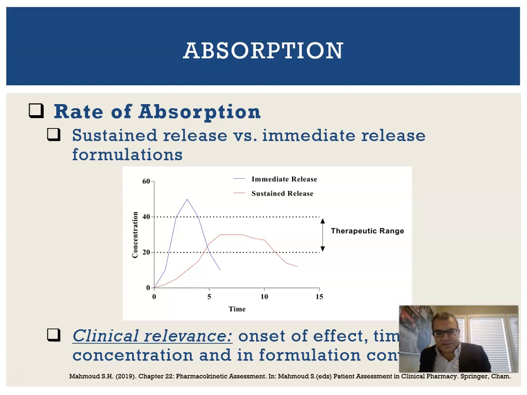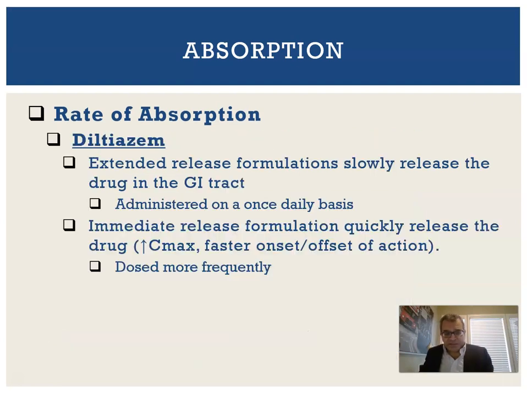What's the clinical relevance of that? Rate of absorption determines the onset of effect, time to peak concentration, and matters in formulation conversions. Let's have an example. Diltiazem is one of the calcium channel blockers. The extended release formulations of diltiazem slowly release the drug in the GI tract, and generally they are administered once daily, right?